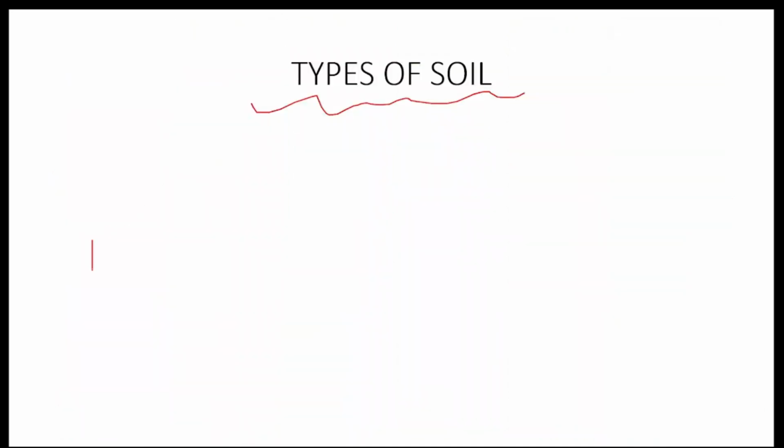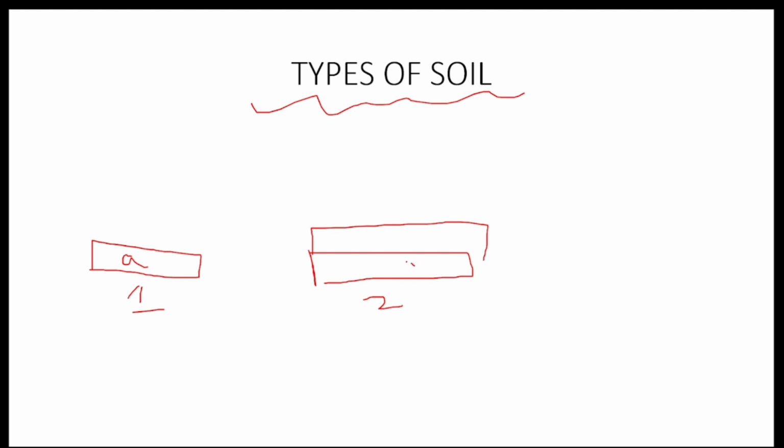Now I want to ask you one question. We have this one and this one. This is 1, this is 2. For 1 we have only layer A. For 2 we have two layers, A and B, and again C, let's say. So which one is younger, do you feel, number 1 or number 2?